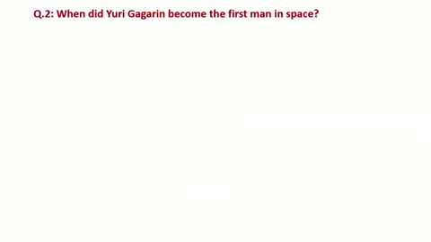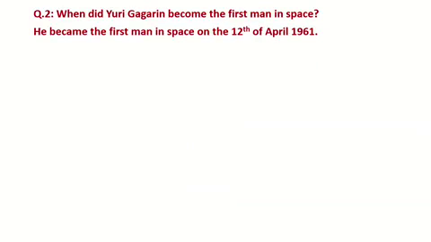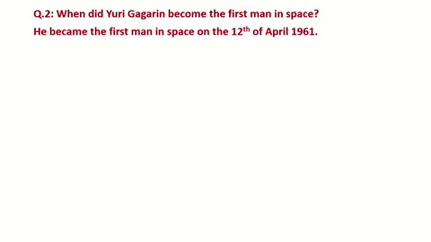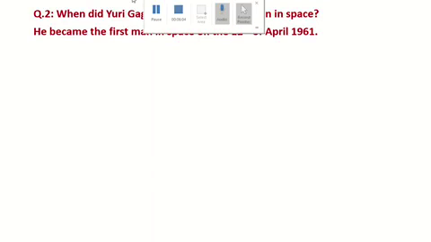Okay, now look at question number 2, depending on sentence number 2 in the same exercise. Please keep your book open. Look at the sentence, then look at the answer here. So, sentence 2, Yuri Gagarin became the first man in space.